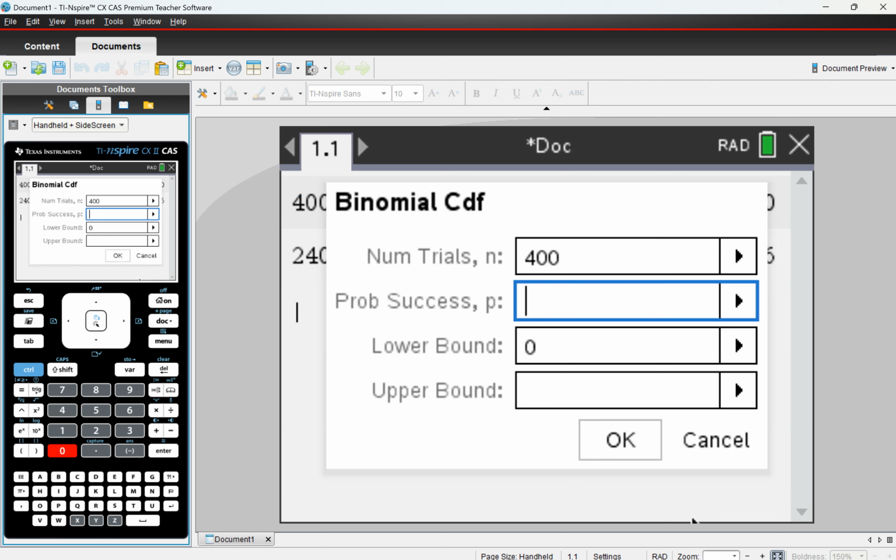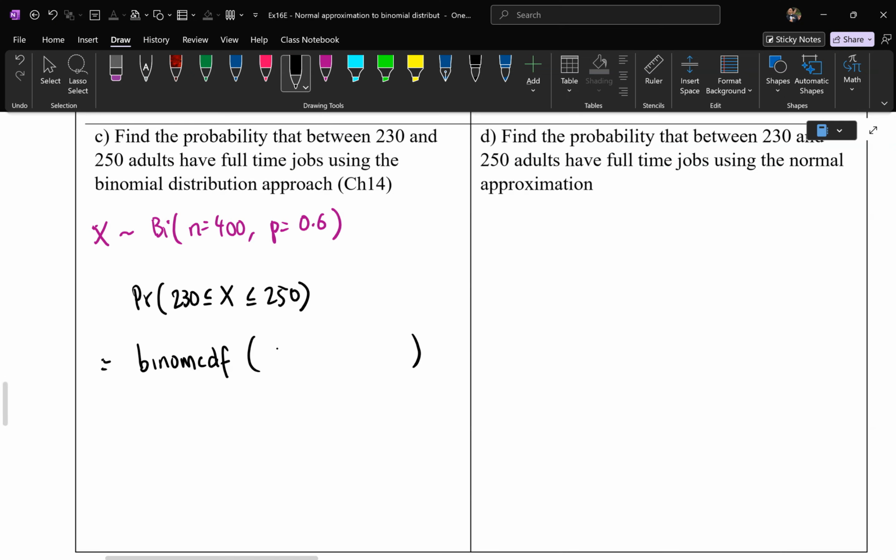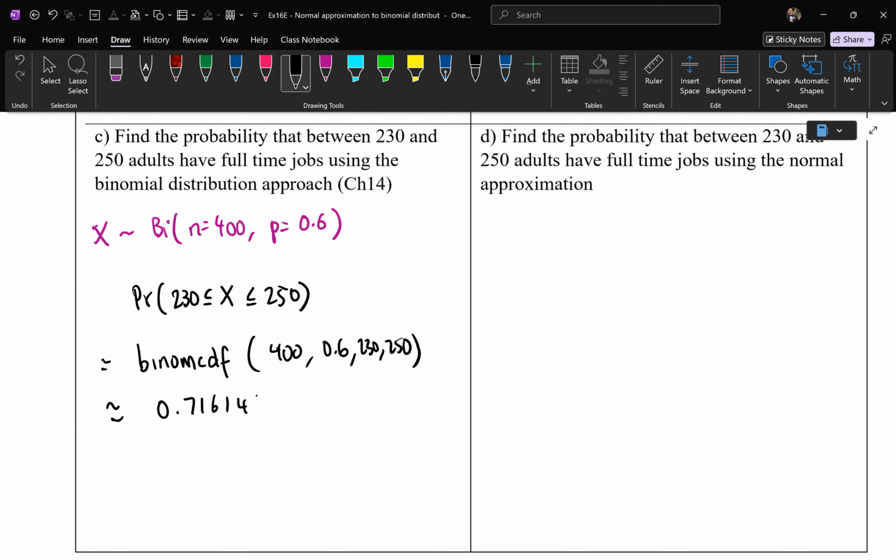Number of trials 400, probability of success 0.6, 230 to 250, and I get about 0.7161. Let's take the next few digits: 0.716148.